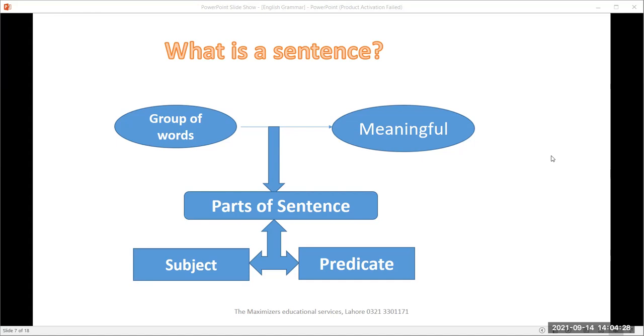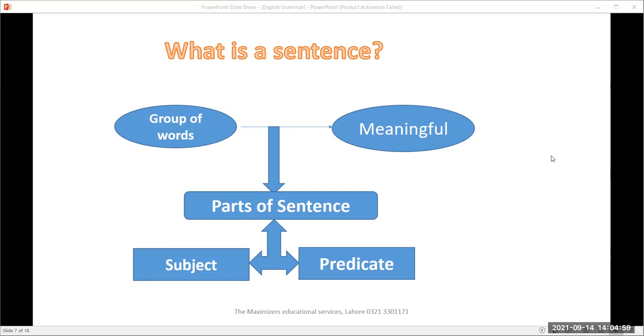So subject is basically the doer, and verb is the action. It shows the status of activity and the kind of activity. So we can say that a sentence is a group of words which give meaning. If somebody listens or reads, the reader and the listener can understand what you want to say.